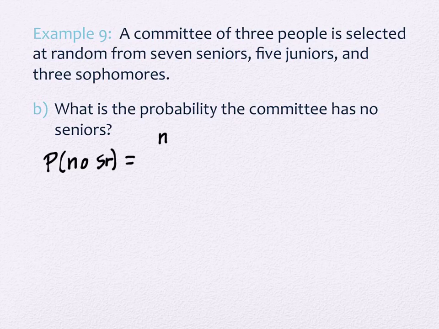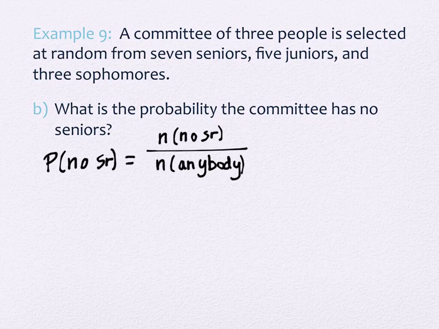So I want the probability of no seniors, which is the number of ways of getting no seniors. Again, we could say all juniors, freshmen, sophomores, whatever else is there. And this is the number of ways of getting anybody, but we already found the number of ways of getting anybody, didn't we? What was it? Yeah, so don't do work you've already done again. This is 455. Can I find the number of ways of getting no seniors?